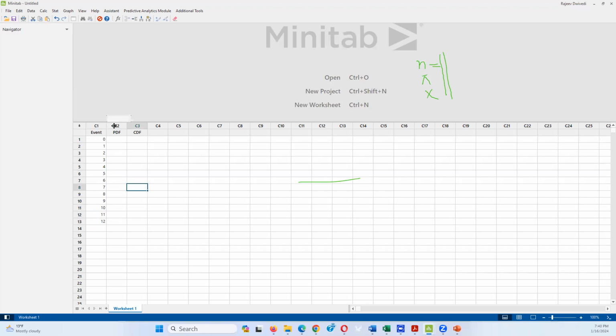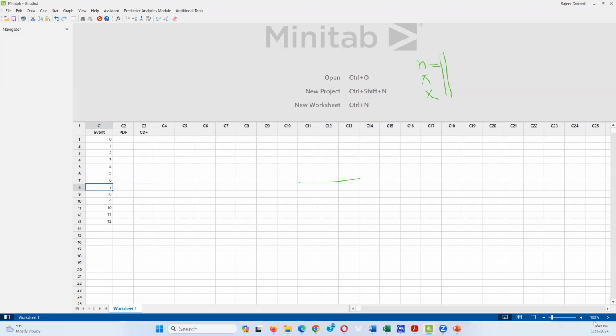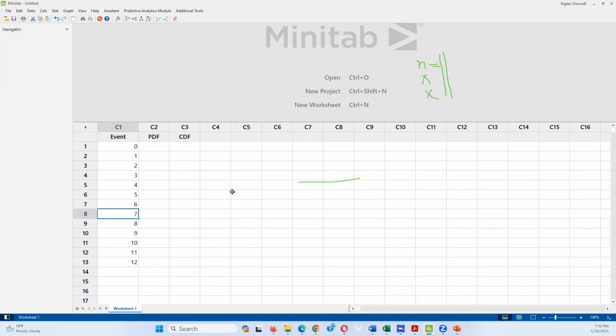So these are the events. Now I'm going to do the probability distribution for this when n is 12, probability is 10, and binomial.